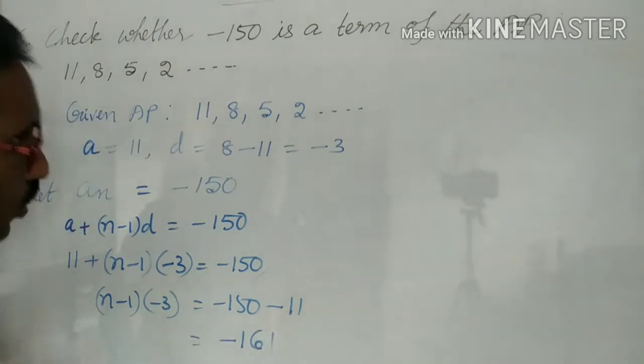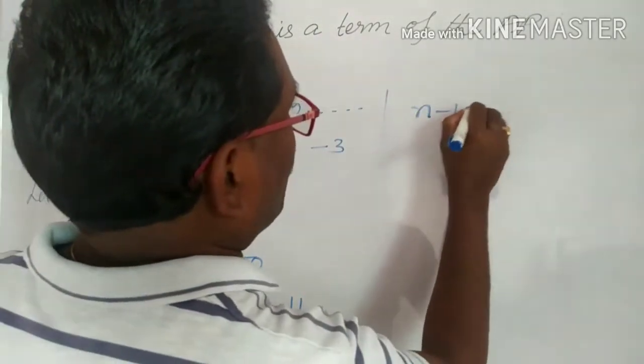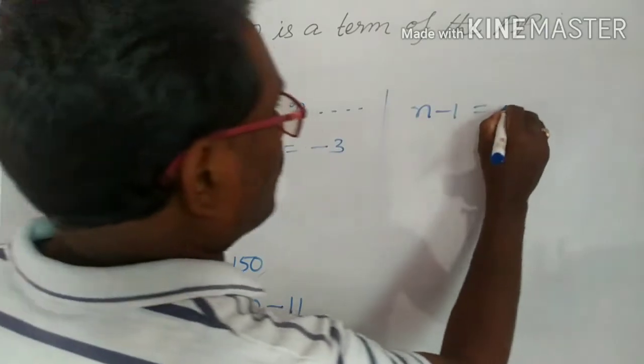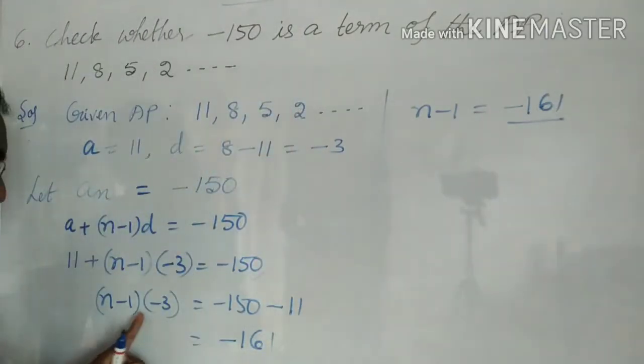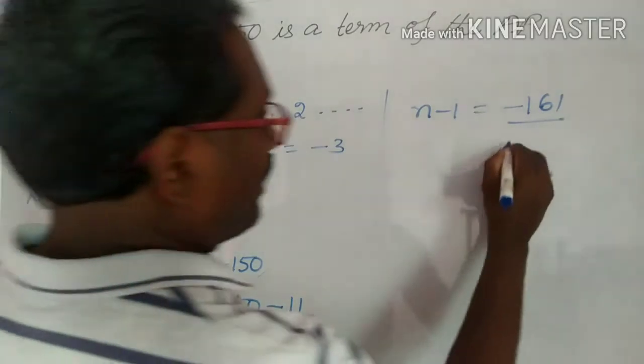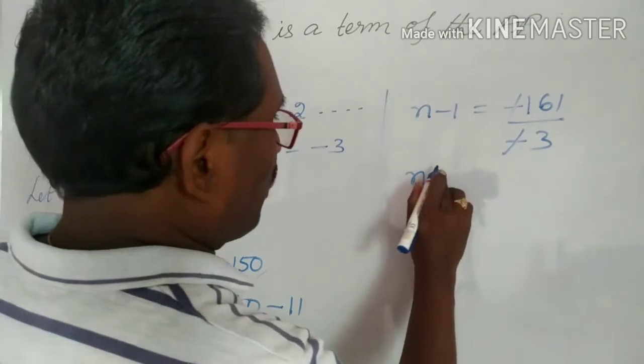Okay. Now I will write: n minus 1 is equal to minus 161 by minus 3, since the multiplication becomes division. Minus minus cancels.